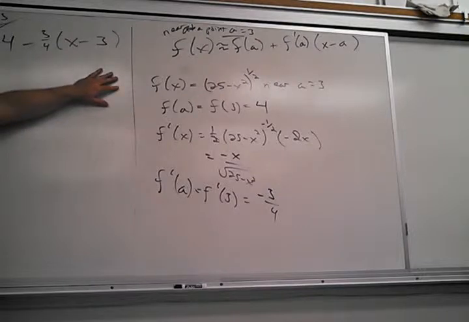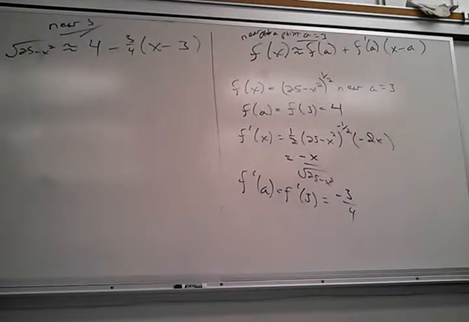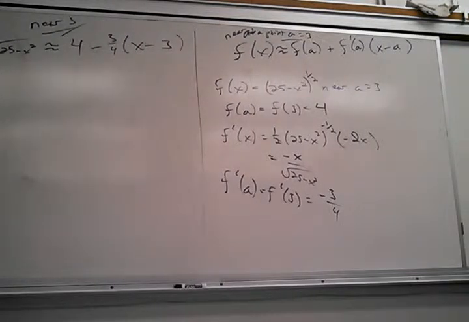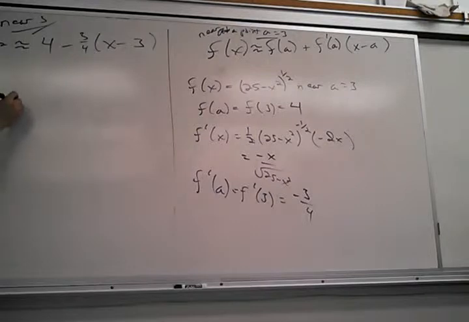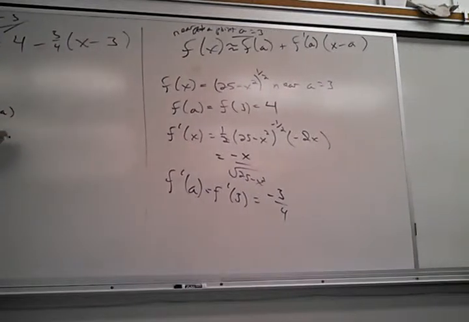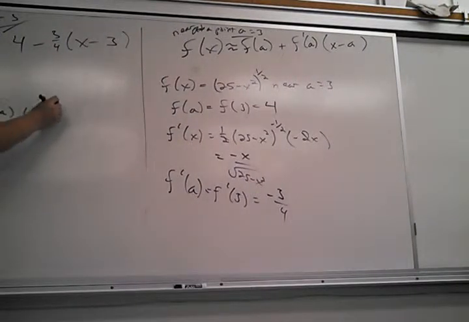This is almost too cool to not talk about. But you can get a better approximation. Let me just, real quick, see if you guys can stomach this. If you go to the next derivative up, and you might be able to imagine why there has to be an over 2 there.